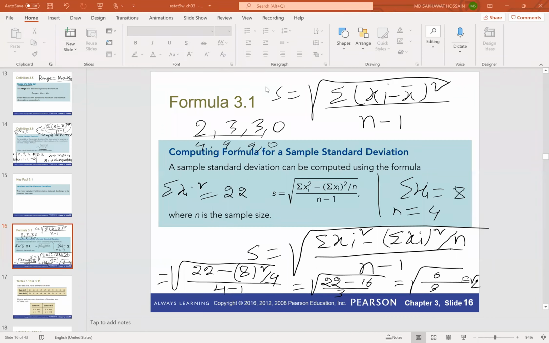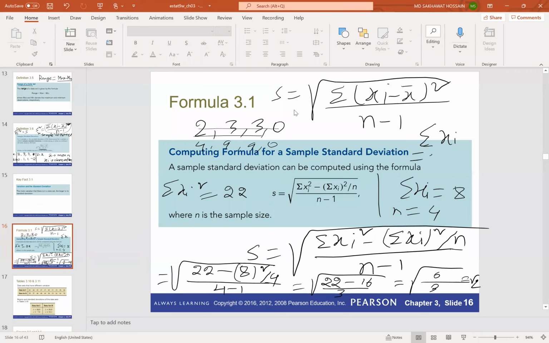Okay, so what is sigma? Sigma is a notation which means summation. Sigma of xi denotes the observations, and this means you will add all these numbers together.